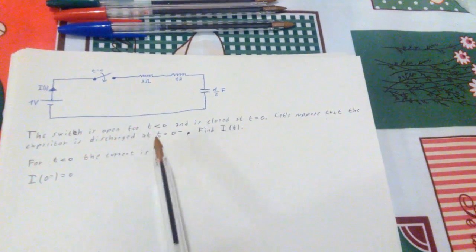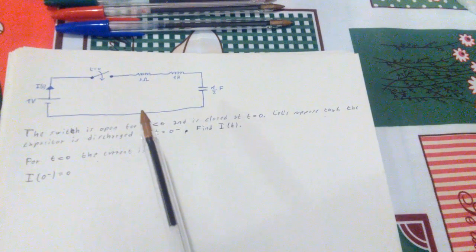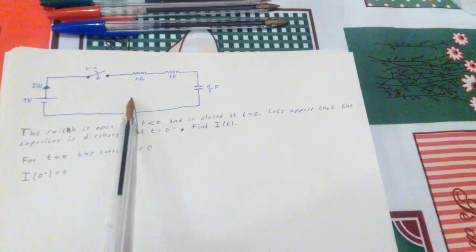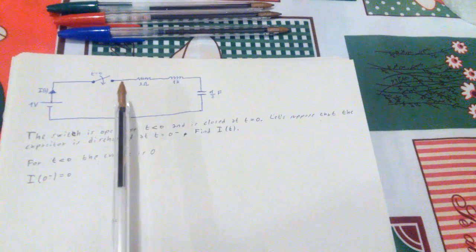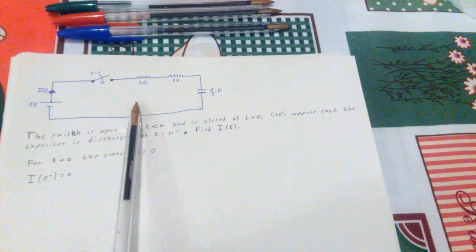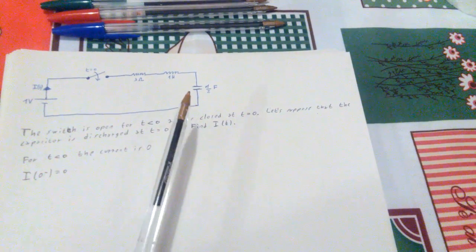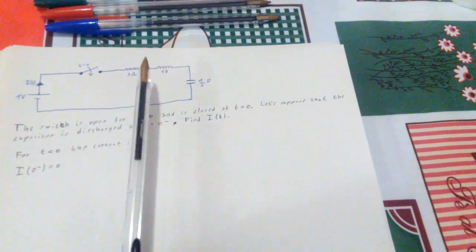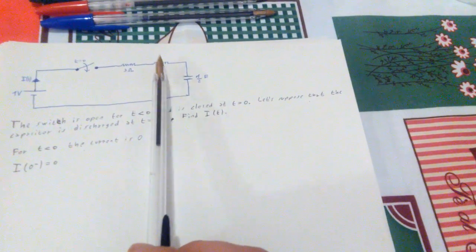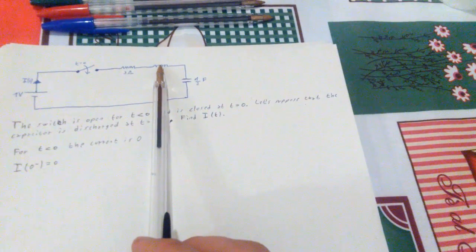Now, since we have to use Laplace, we're going to draw the equivalent circuit of Laplace. In the equivalent circuit of Laplace, we're going to have the inductance turned into a resistance.